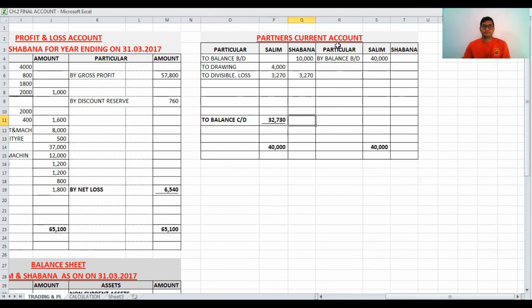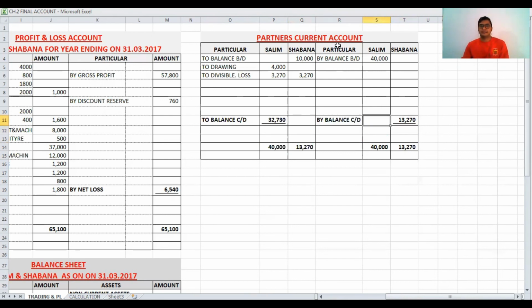And in the same way here, the debit side total is higher than the credit side. Total of the debit side is 13,270, the same total we have to write on the credit side, and the difference is 13,270, by balance carried down.